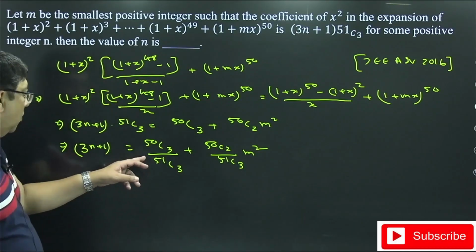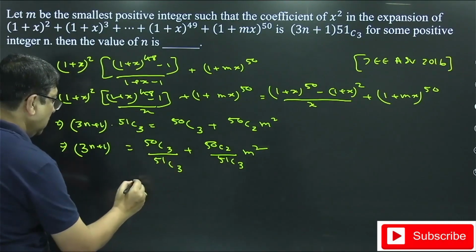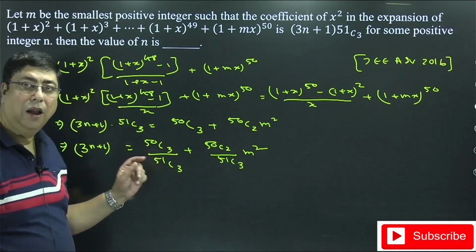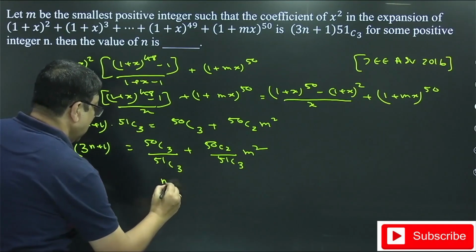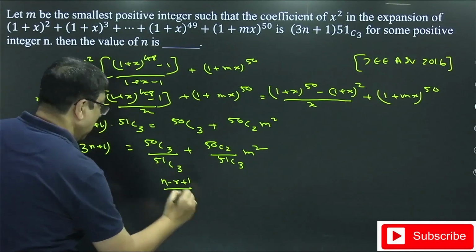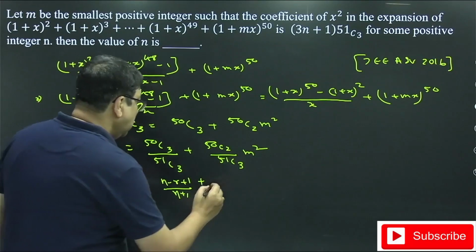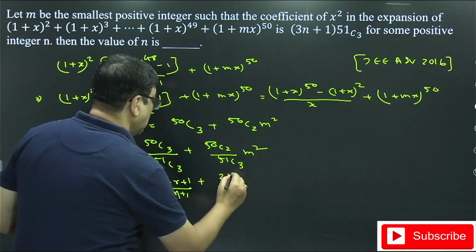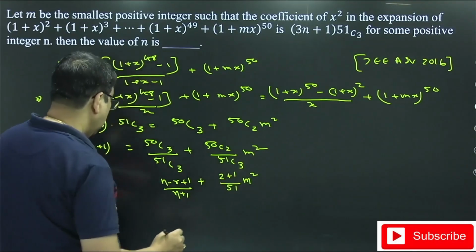In this case, 50C3 by 51C3, that is nCr by (n plus 1)Cr, we can write as (n minus r plus 1) by (n plus 1). So (r plus 1) by (n plus 1), it means we are getting here (2 plus 1) by 51, m square according to the question.